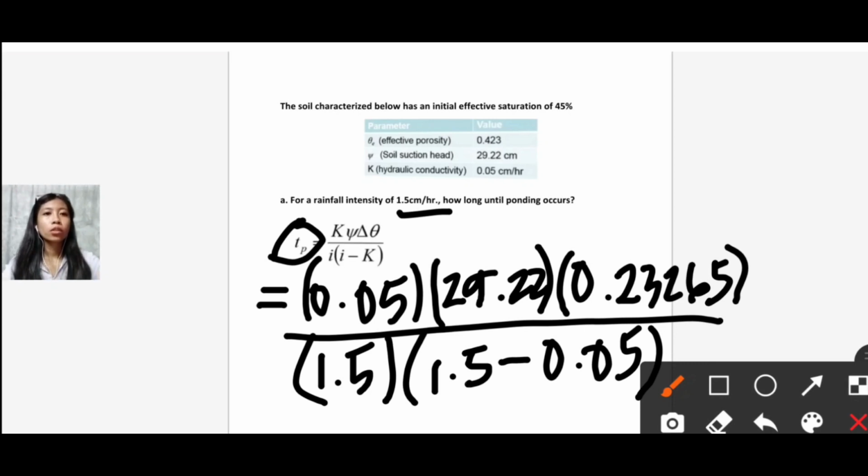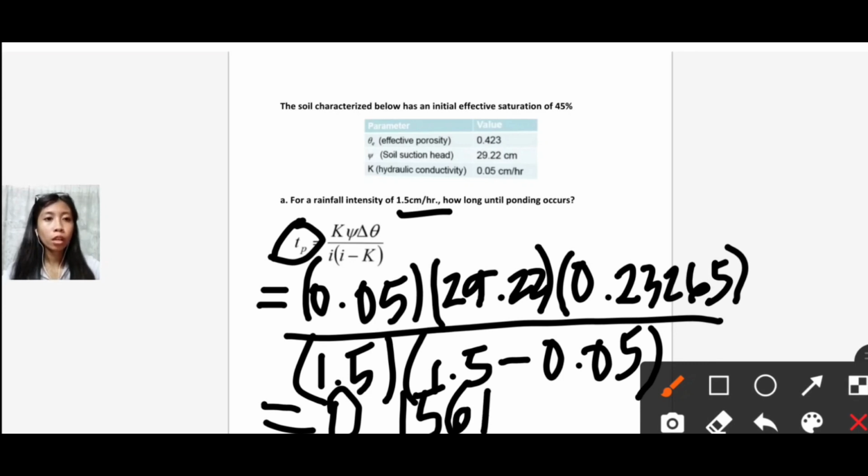So the result is, use your calculators again. The result is 0.156 hours, or 9.4 minutes.